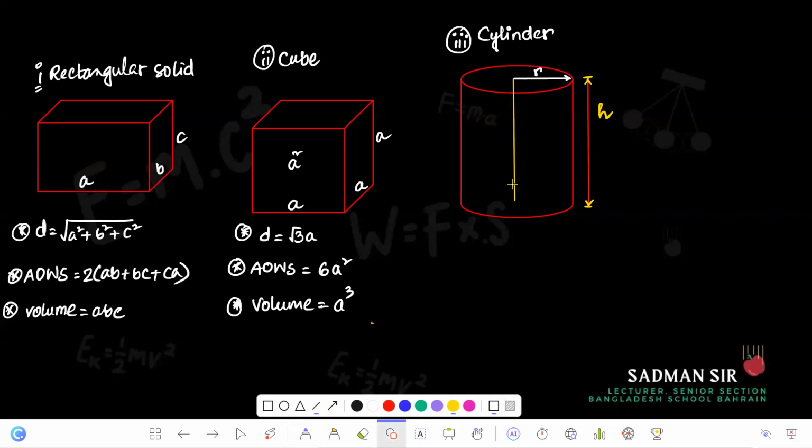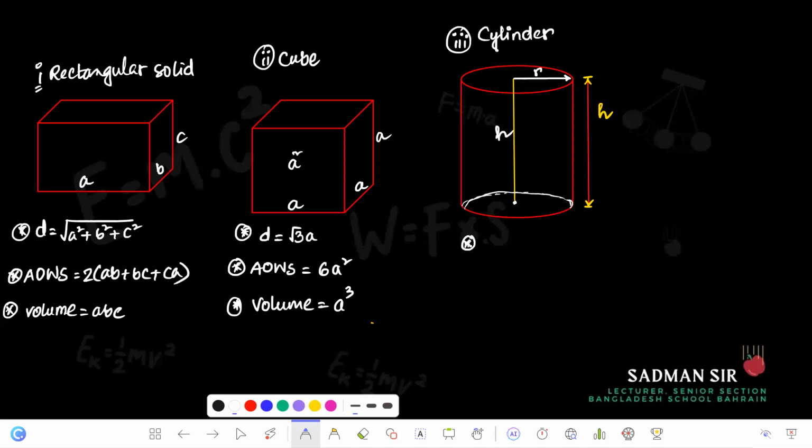From the center of the top surface to the center of the bottom surface. The bottom surface is not being seen here, but you can imagine how the bottom surface will look. It is also a circle. So this will be the center point of the bottom surface. So radius and height, these are the two parameters that we need to know.